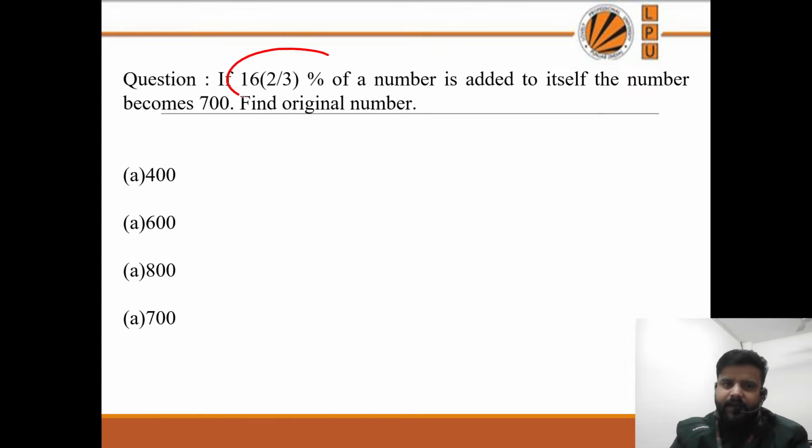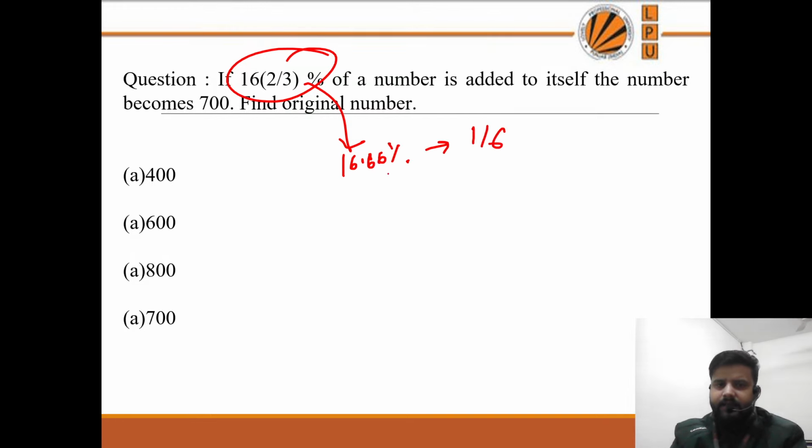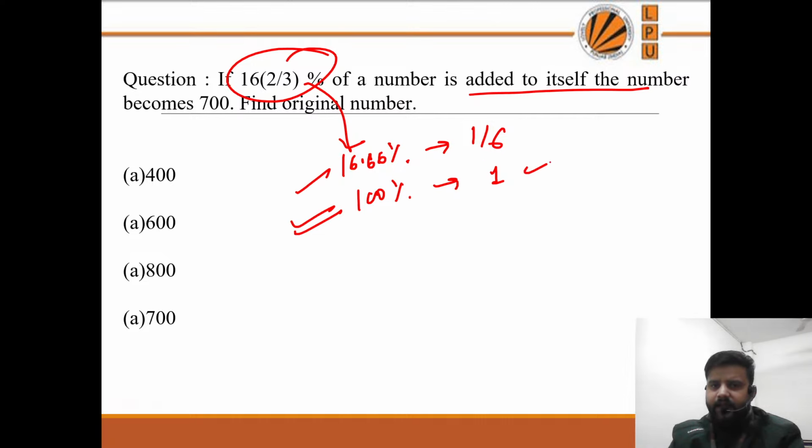See here, you can do it by fraction only. It is 16.66 percentage, isn't it? Which refers to 1 by 6. Now a number is added to itself. Itself, the number will be 100%, which means in terms of fraction it is 1. So when 16.66 is added with 100%, it means 1 is added with 1 by 6. So it will become how much?